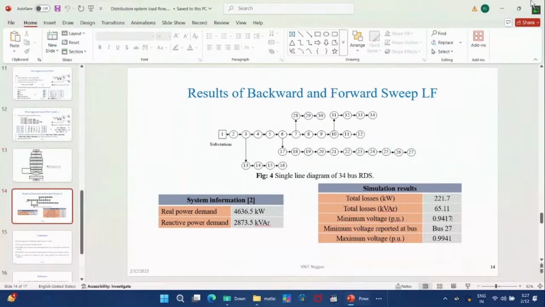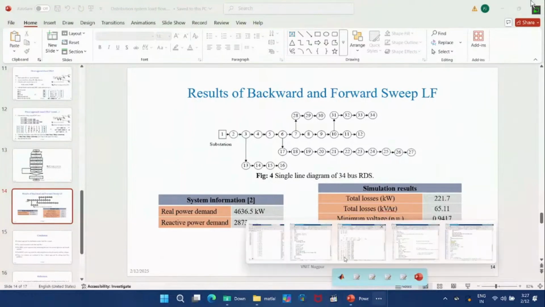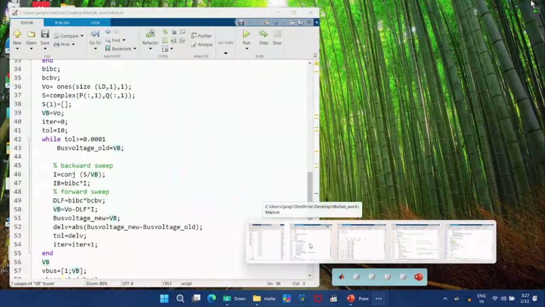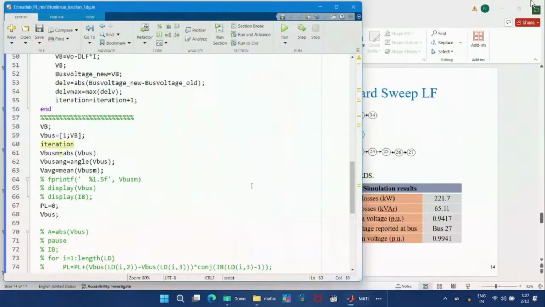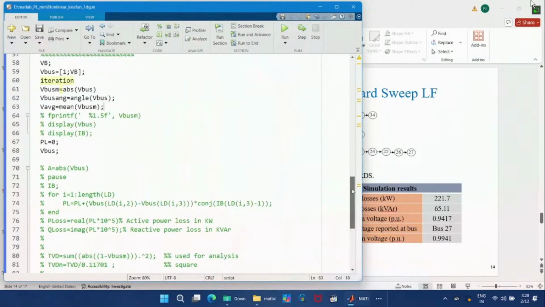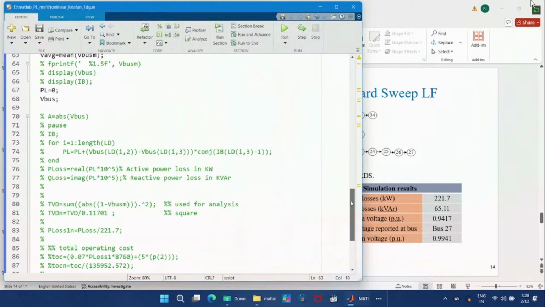At that time we showed this result: 0.9417 is the minimum voltage, corresponding to bus number 27, and the same we have calculated right now. That's all.